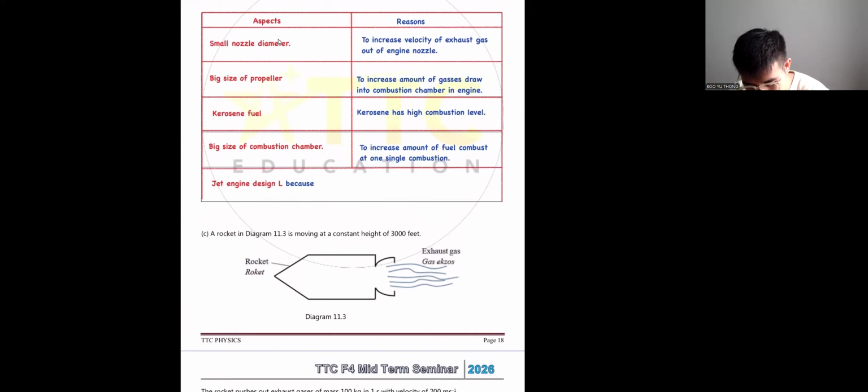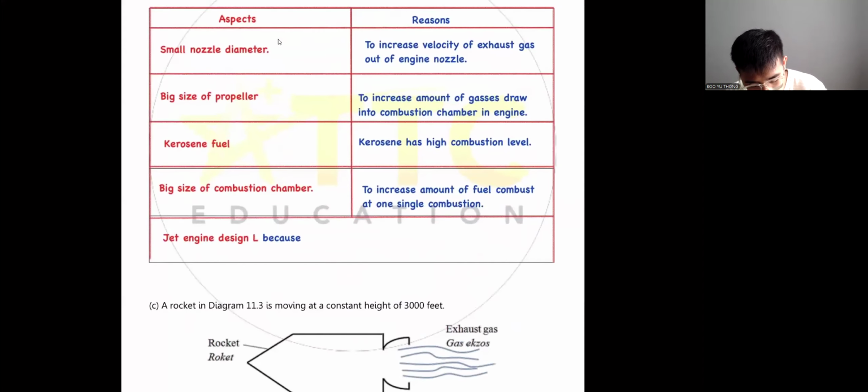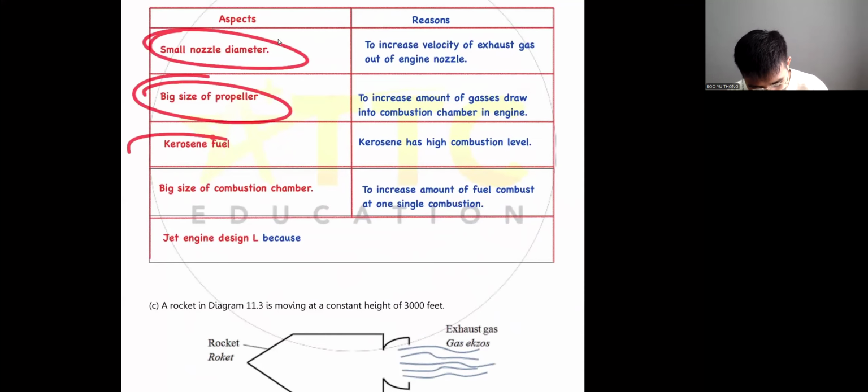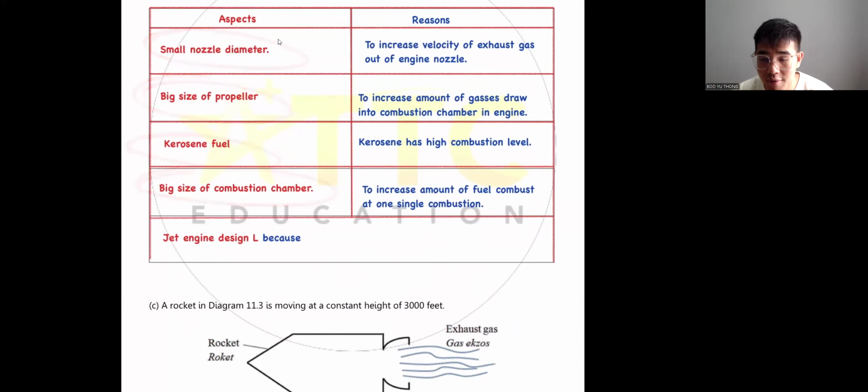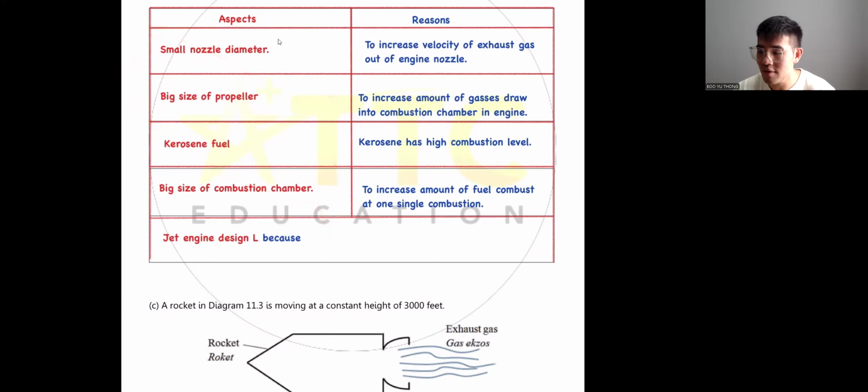You just have to copy all the answers that you have answered just now, all the aspects, all over again. Then again, as I explained, why do we pick jet engine design L? It's all because jet engine L has fulfilled all the good characteristics. So just repeat them again and explain why you choose jet engine L.